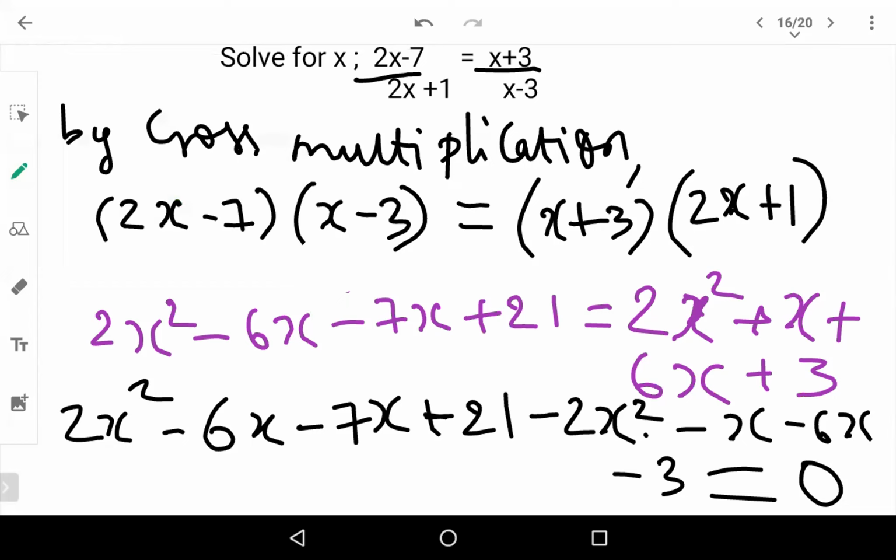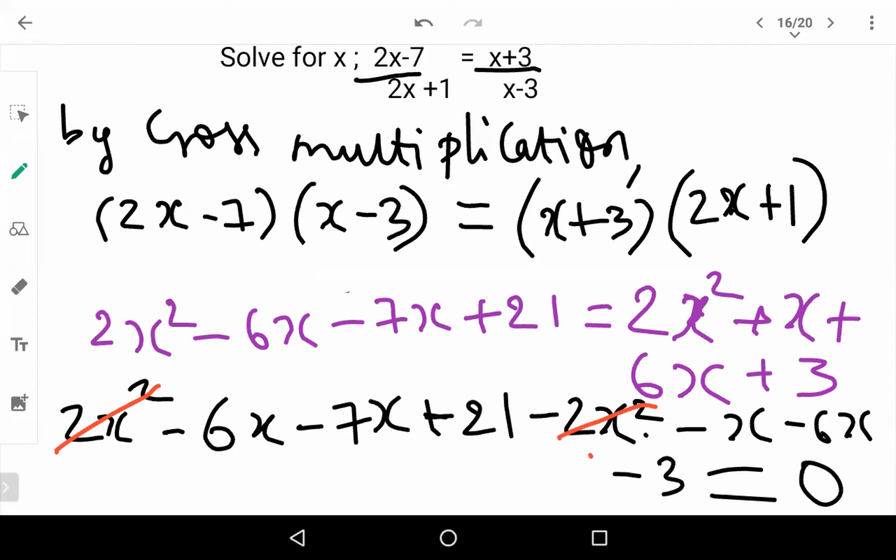Now if you see here, you have plus 2x square and minus 2x square. Yes, so I can cancel plus 2x square and minus 2x square. So x square is gone.